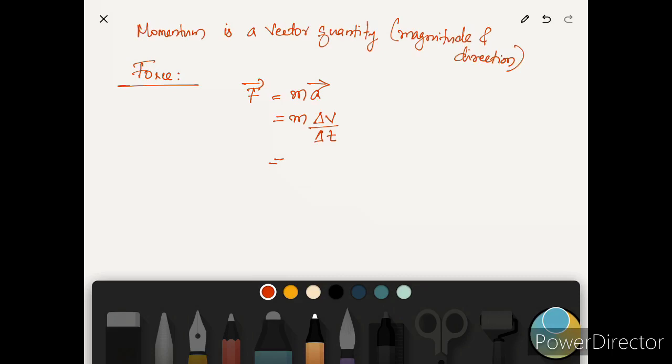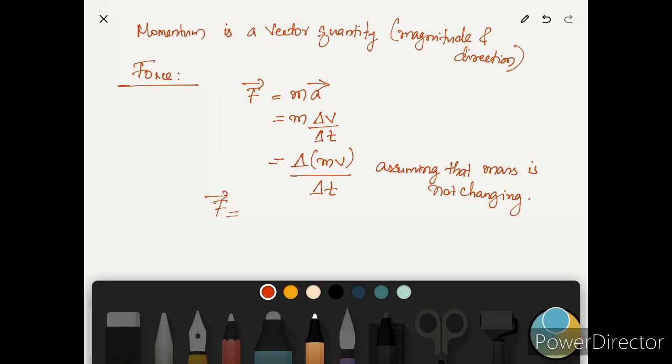So this can be written as delta of mv divided by delta t, assuming that mass is not changing with t. Now mv is nothing but momentum, so F is delta p divided by delta t. Here p has a vector notation.